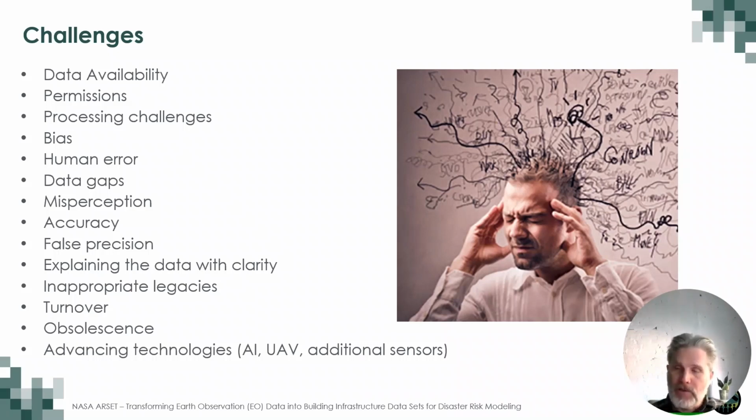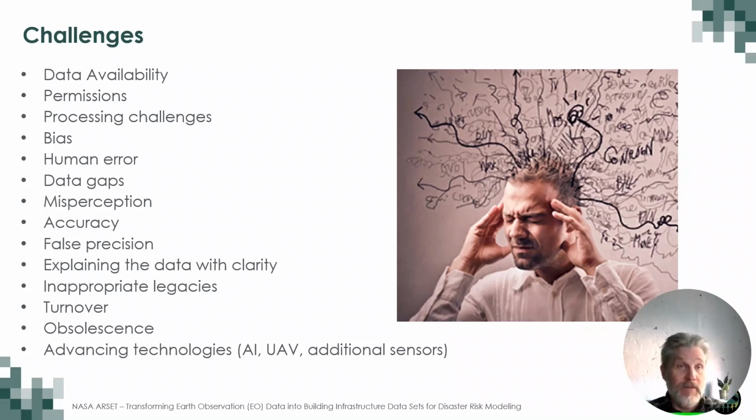Inappropriate legacies: you develop the data and give it to folks and they use it for something 5 years later. They didn't hear the initial conversations, perhaps because the original people the data was developed for got new jobs, or the people that produced the data got new jobs, and then the data just gets old and dusty. All of these are very big problems, which we'll be touching on as we go through, but things that you have to be cognizant of.